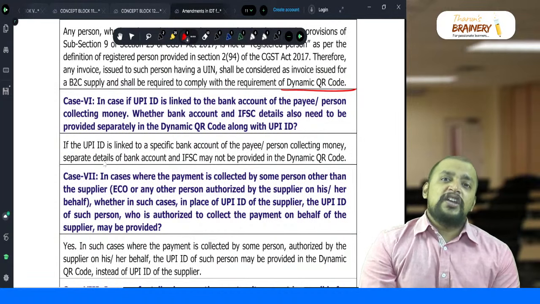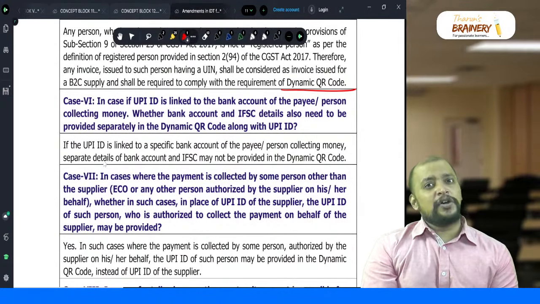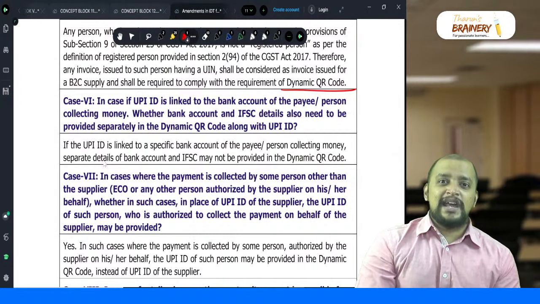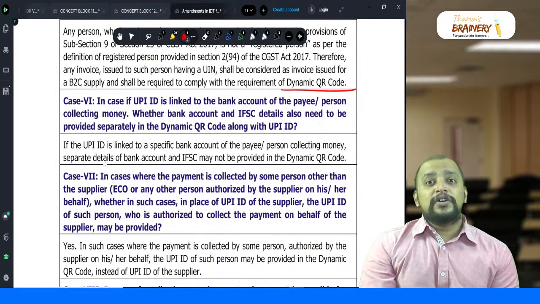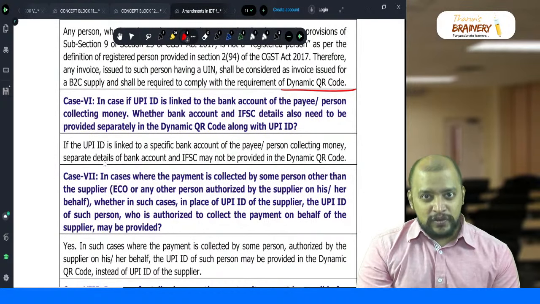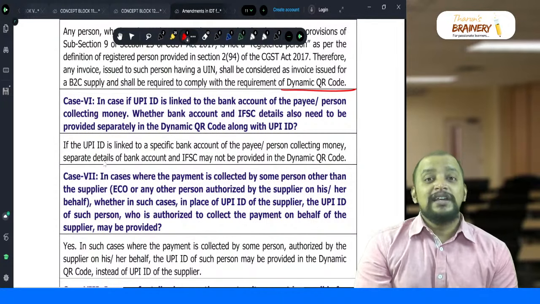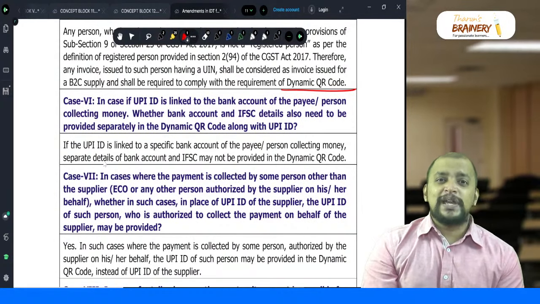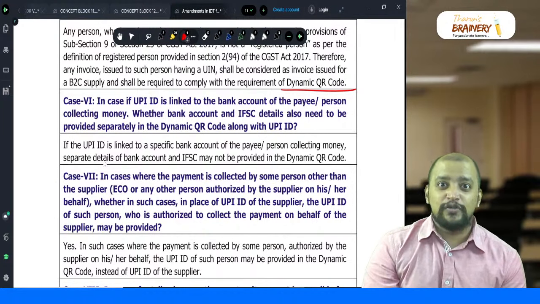Suppose I have an account in some other bank, like Cosmos Bank. When I have an account there, my UPI ID will not be at Cosmos.